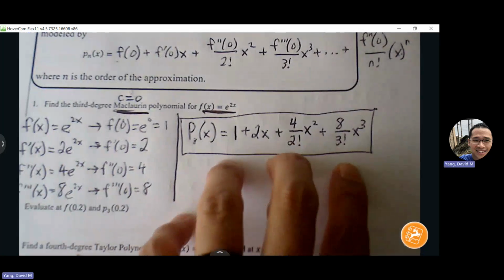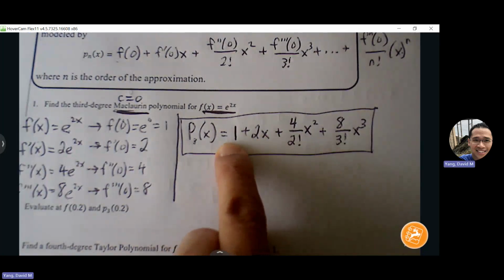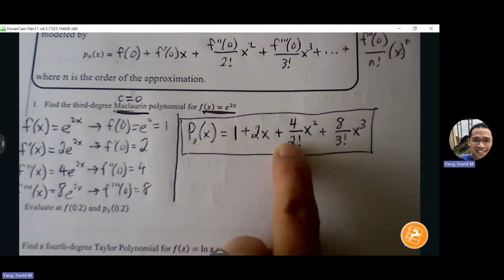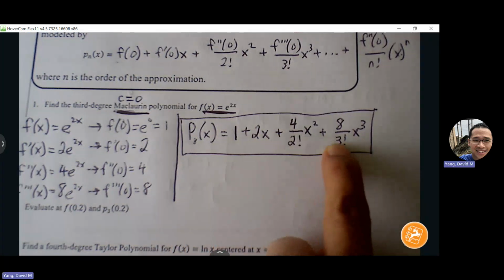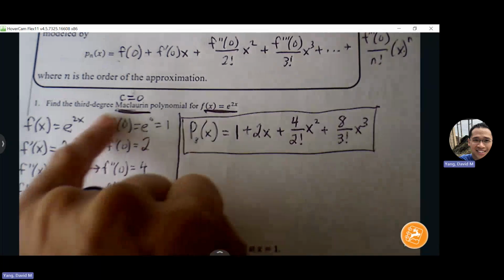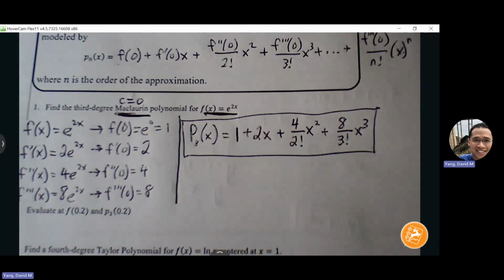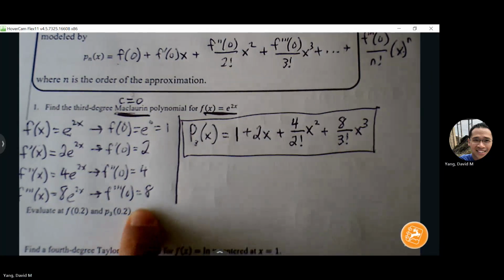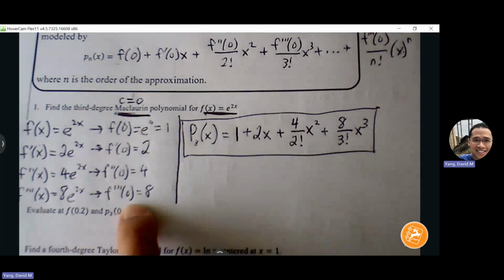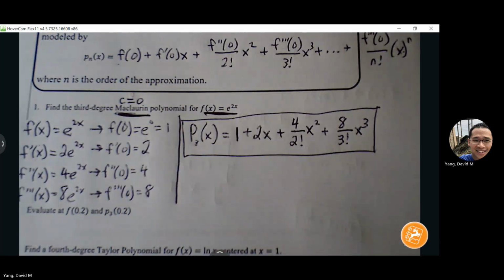But if we were to find p prime of x, p double prime of x, p triple prime of x at 0, it's going to end up matching this exactly. And the 2 and 3 factorial are there to help it make sure that it gets to these values at the appropriate derivatives.